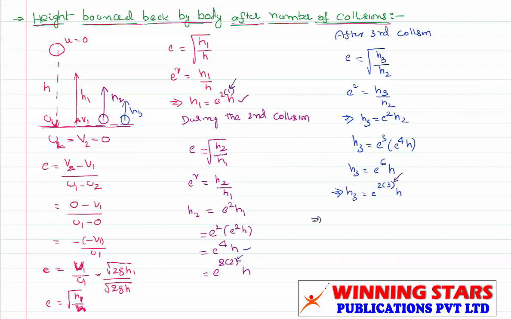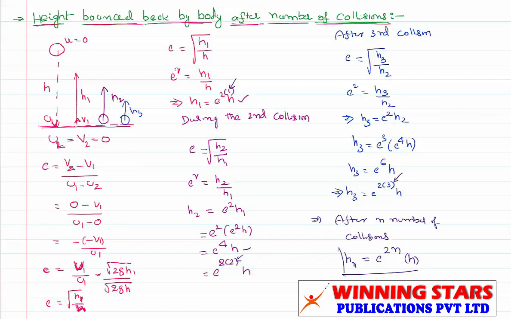That implies after n number of collisions, the height bounced back by a body is e power 2 into n into h, where n is the number of the collision, and h is the height from which it started falling freely with zero velocity.